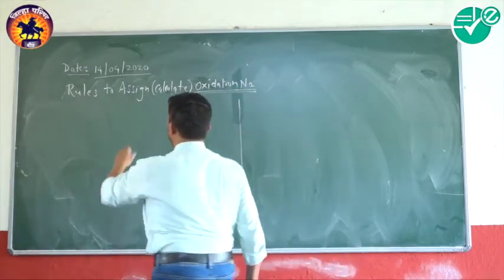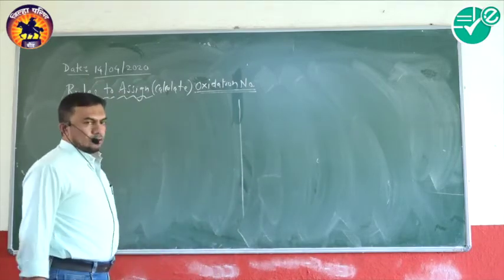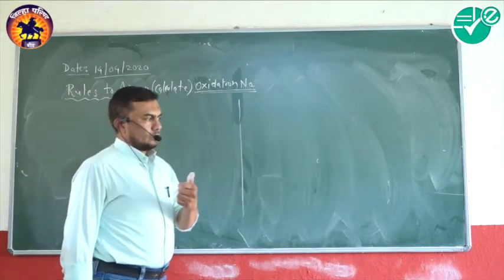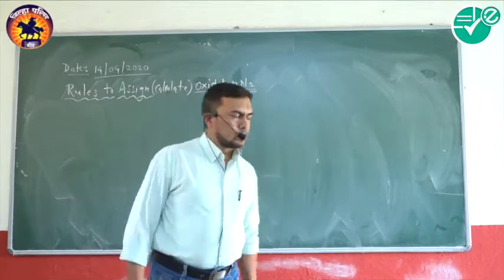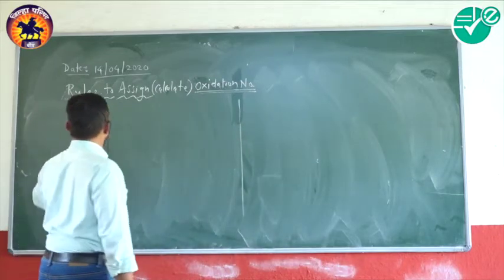You have to remember these rules so that we can identify the redox reaction where oxidation and reduction reaction is there, as well as oxidizing and reducing agent.